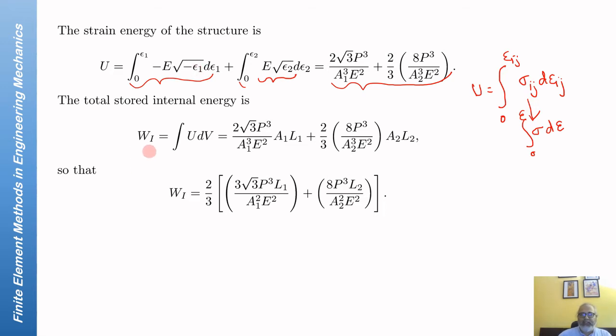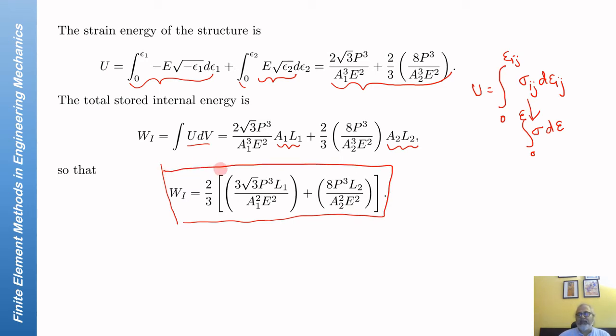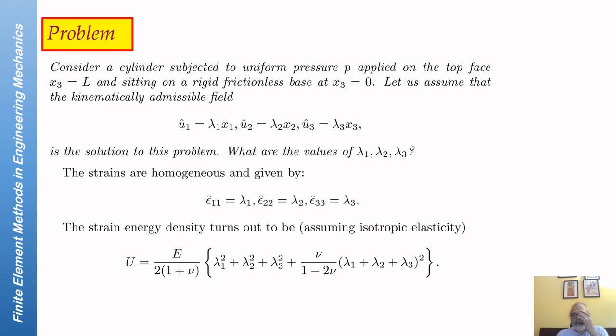To get the total internal energy, we now have to integrate u over the volume, and the volumes of the two bars are simply A1 L1 and A2 L2, which means that the internal energy stored, with a bit of simplification, is this. So this is how we find the internal energy. We have to get the stress state at each and every point in the material and integrate over the volume of the body, and that will lead us to the internal energy.